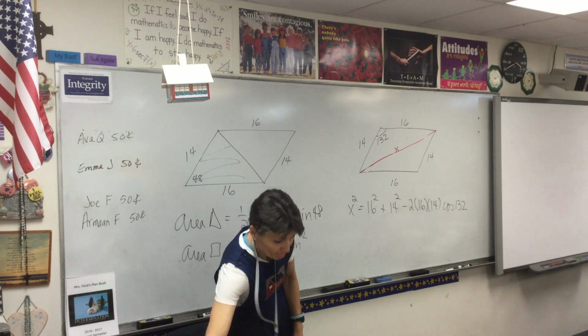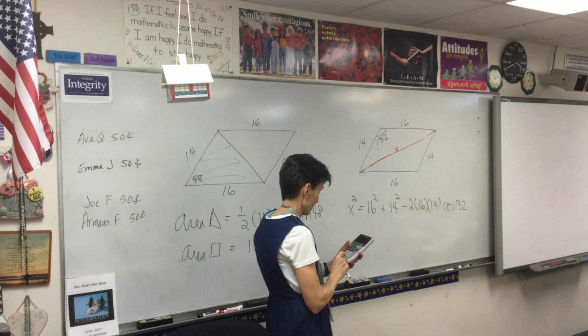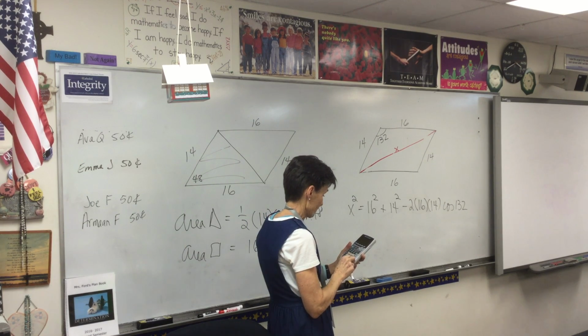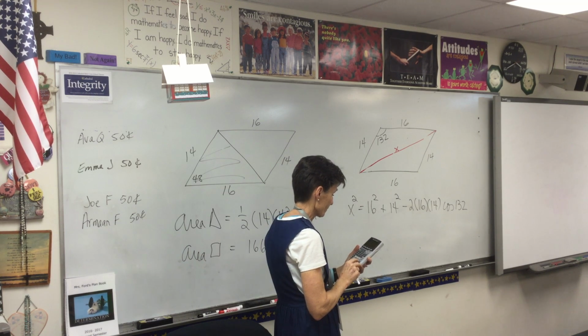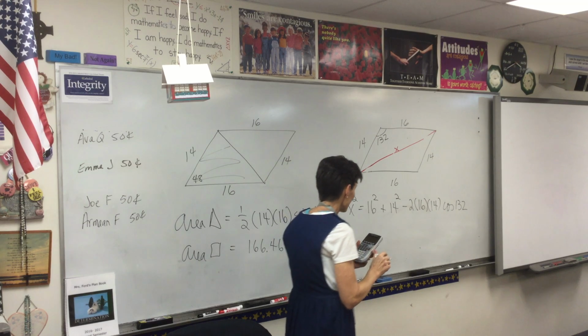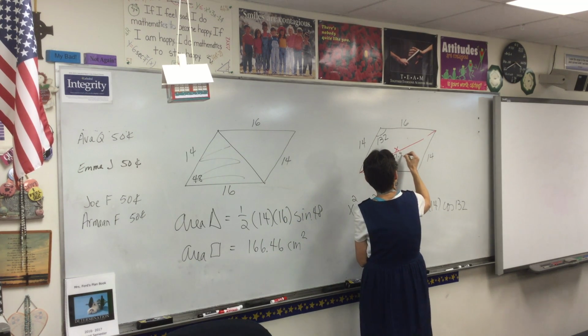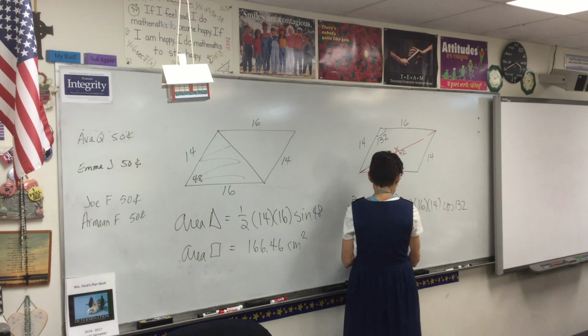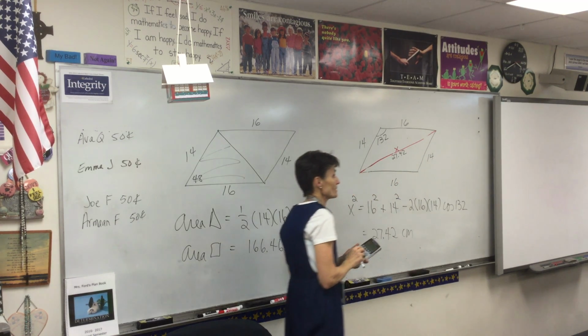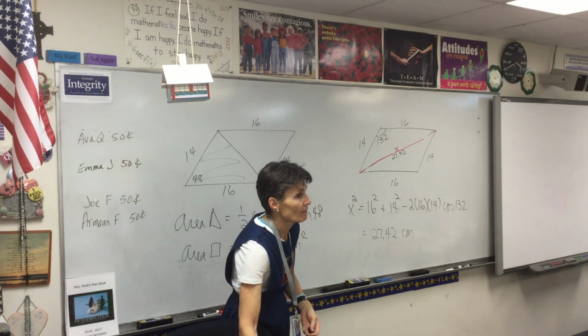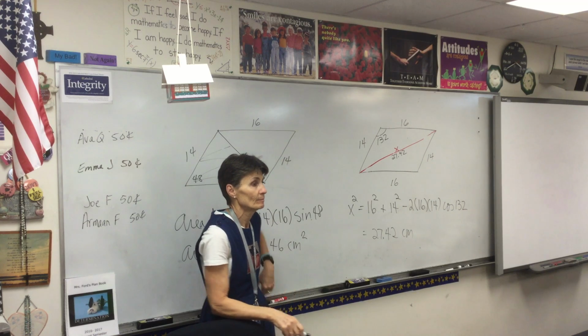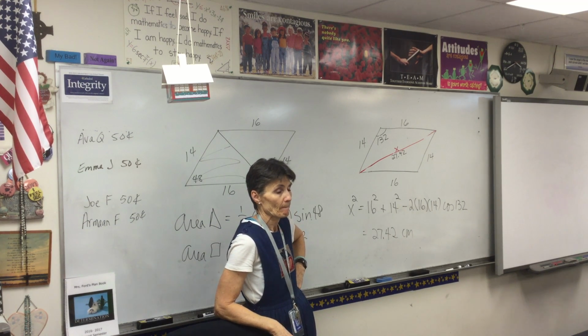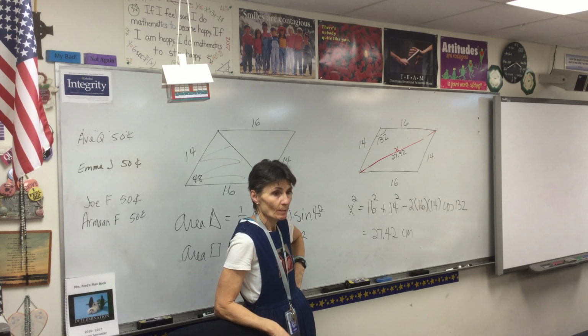So we'll type it in. I got 27.42. Tell me if you did. That would not be square centimeters, that would be plain centimeters. This isn't an area, this is a length of a diagonal. Everybody okay with that?